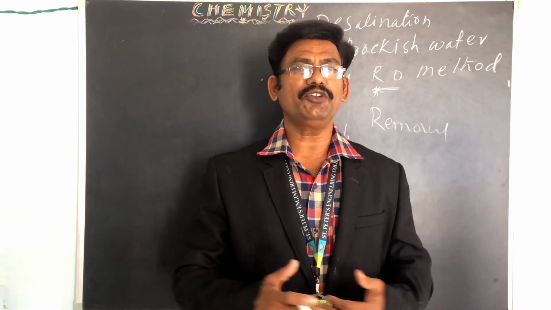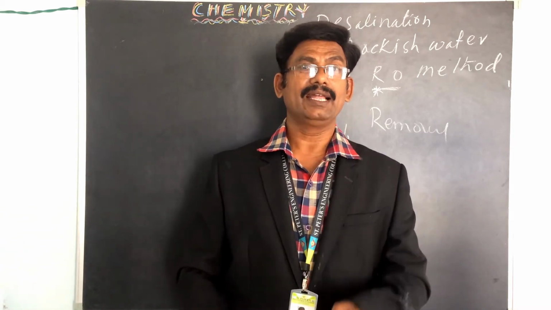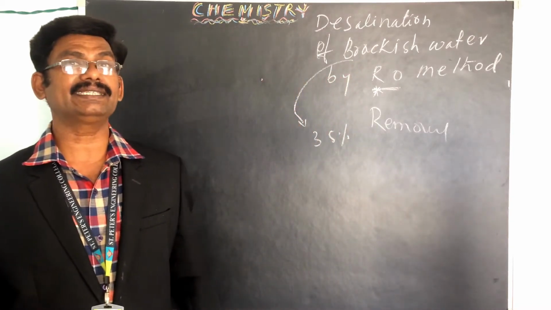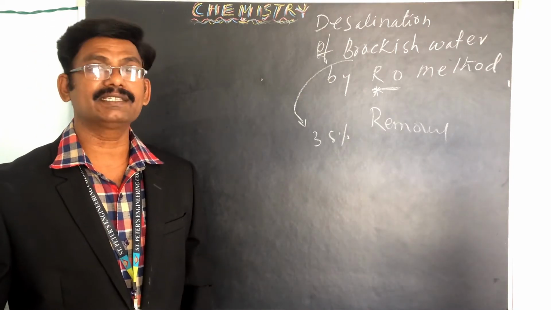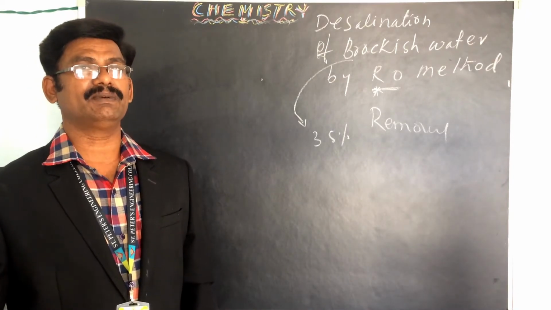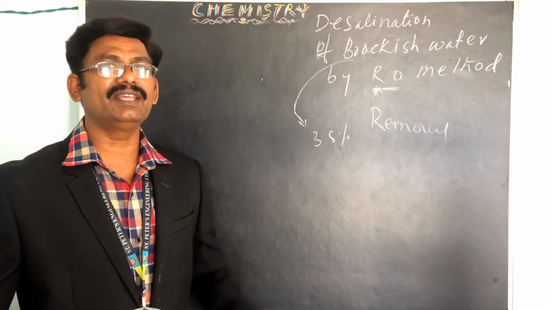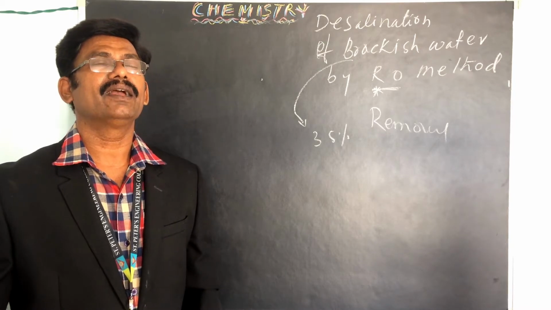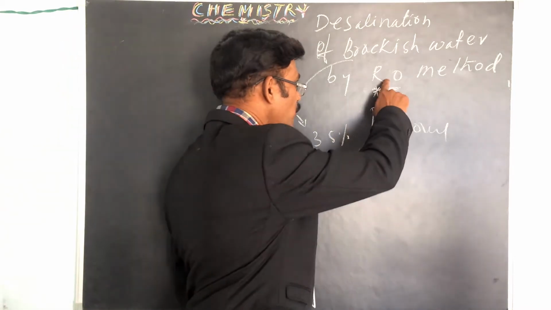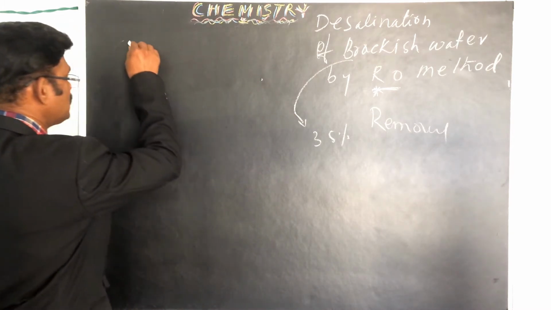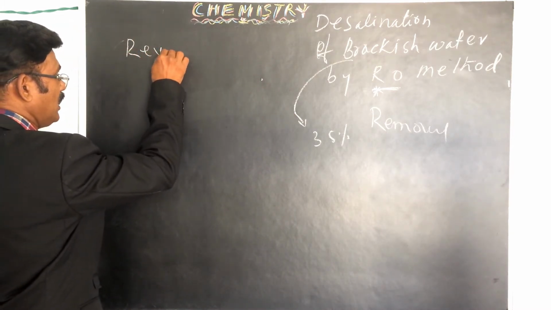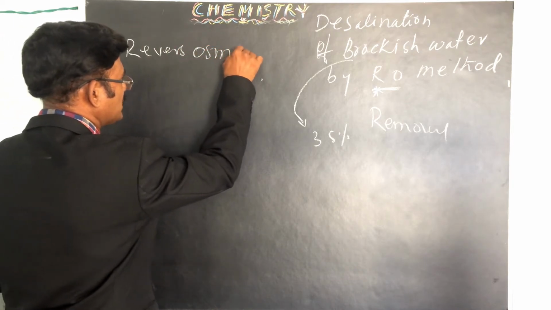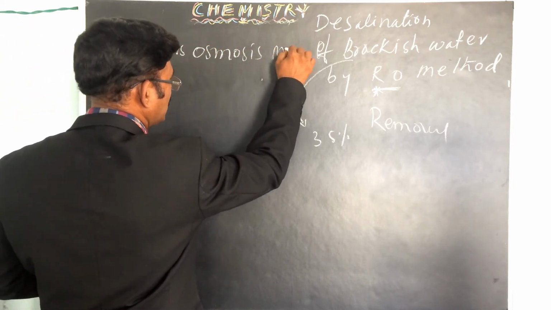So, how can you remove salts from brackish water? For desalination, that is removal of these dissolved salts, it can be done by the reverse osmosis method, the RO method.